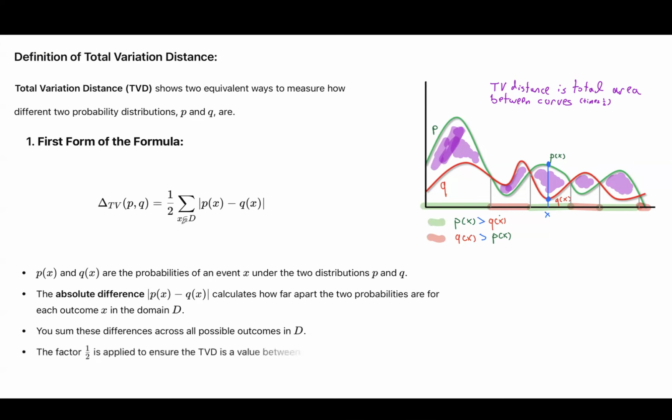The factor of one half is applied to ensure that the TVD is a value between 0 and 1, representing the minimal proportion of total probability mass that must be shifted to make the two distributions match. So this is a straightforward formula. In the next lecture, I gave you a very simple calculation, and a more abstract formula.